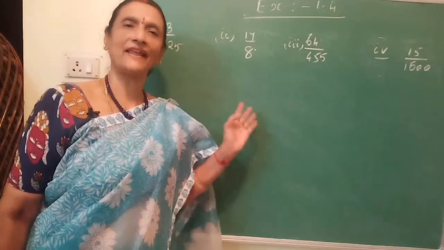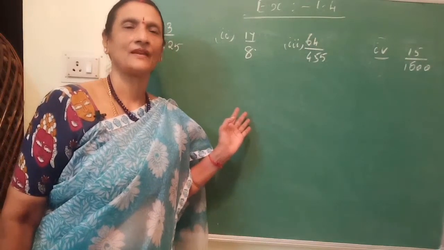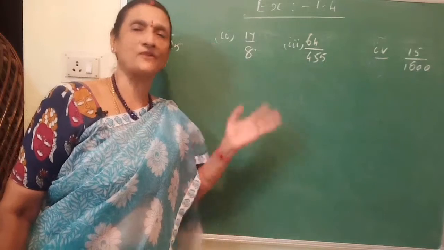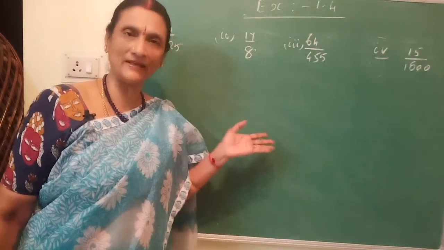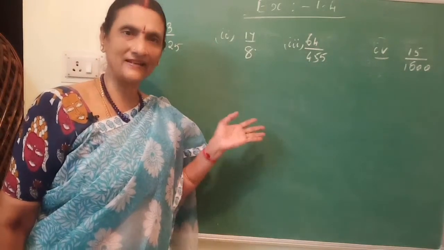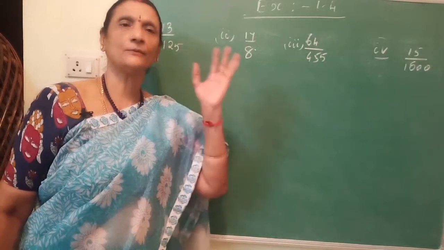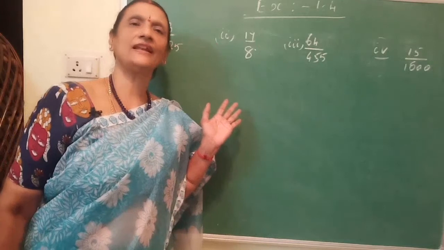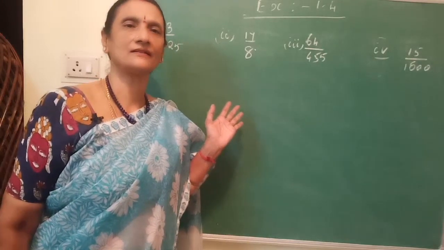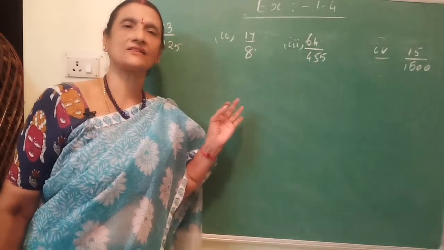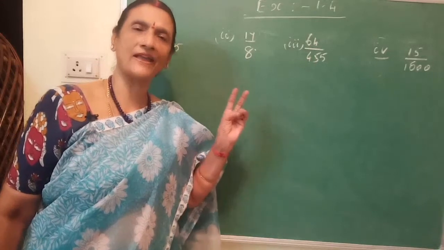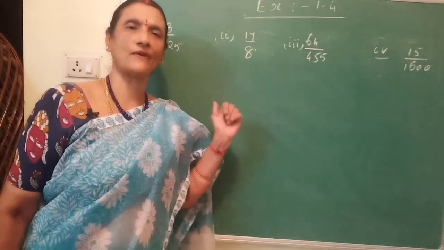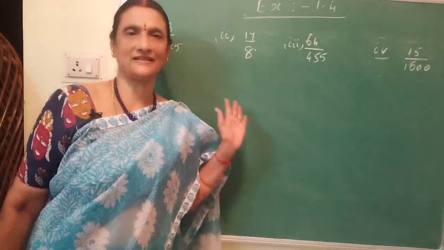Can I repeat once again? In the prime factorization of the denominator, you should see the prime factors. If the denominator has only the prime factors 2 or 5, or powers of 2 or 5, it is terminating.